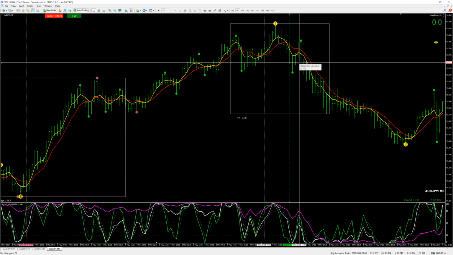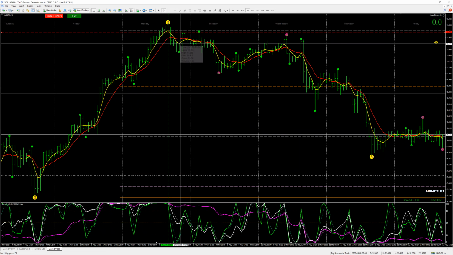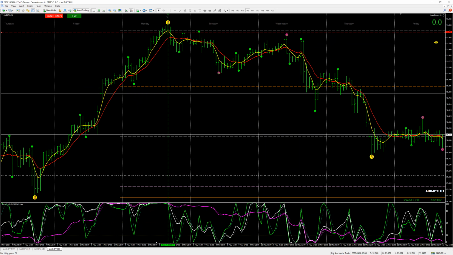And this is a 15 pip stop loss back to the H1. And H1 comes out of cycle here. And that gave us 17 pips.